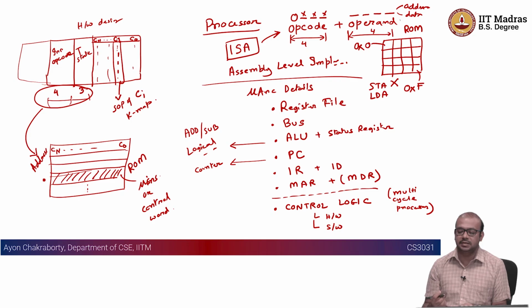A real life ISA is going to be more complicated, and the microarchitecture is going to be much more involved, right? So we just had 3 general purpose registers. Even a cheap CPU is going to have maybe 20 or 30 registers, right? So even the simplest, very low cost CPUs are much more complicated than what we have studied, right?